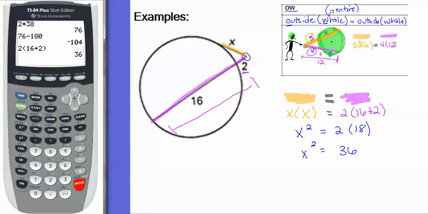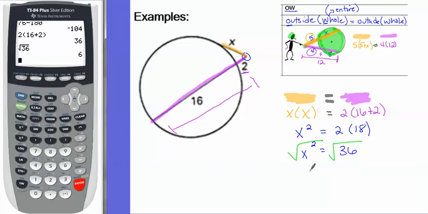Now, when I have an X squared, I need to take the square root of both sides. When I take the square root of 36, I get 6. So X equals 6.